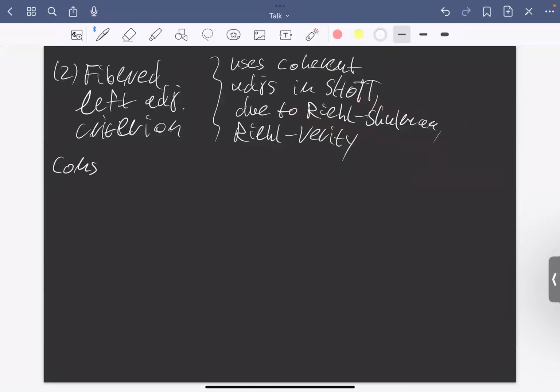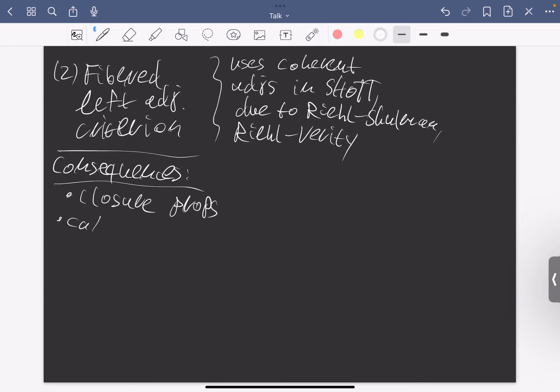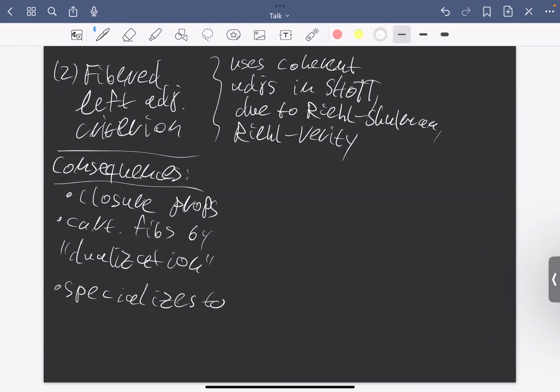And so there are a lot of consequences of these characterizations. So closure properties. We also get Cartesian fibrations in a nice way, just by dualization in an appropriate sense. And specialized to or generalized from the discrete case.